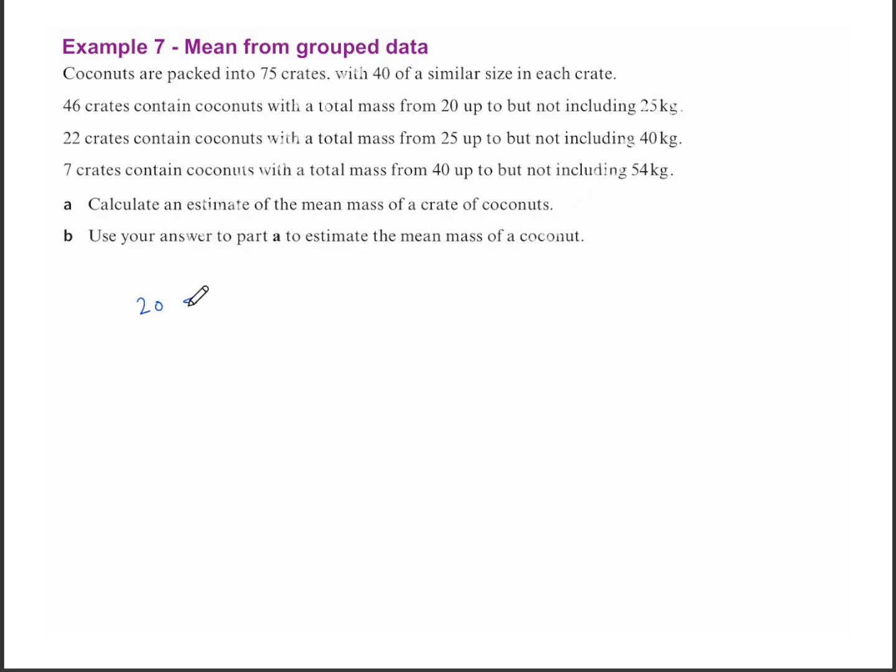So 20 ≤ x < 25. Then we have 25 ≤ x < 40 kilograms. And then we have 40 ≤ x < 54 kilograms. And there are 46 crates like this. There are 22 crates of this weight. And there are 7 crates of this weight.